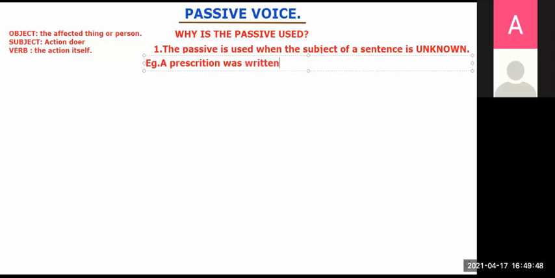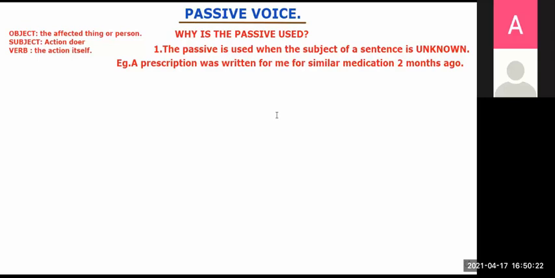A prescription was written for me for similar medication 2 months ago.